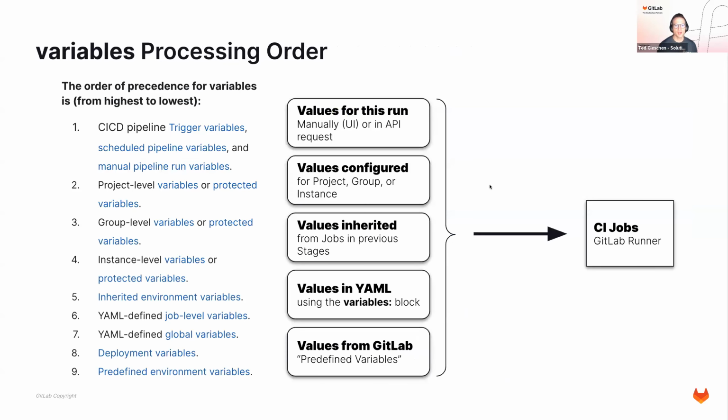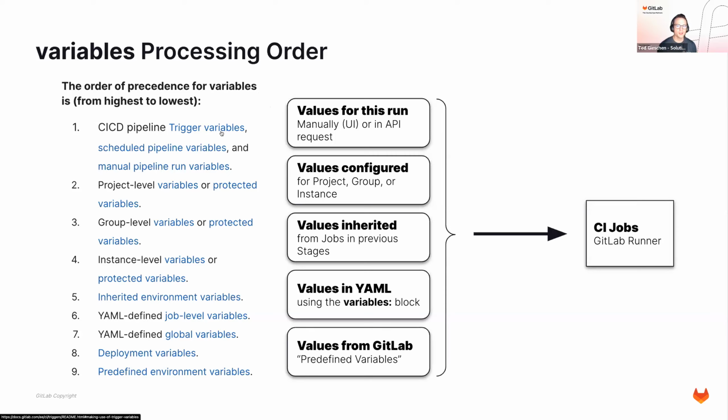Now, before we go on to the next hands-on section, just something to address in terms of the order in which variables are processed within GitLab. We've mentioned a couple of them, right? For example, the commit branch, the source. And again, it's really important to determine which variable is actually leveraged here. In terms of priority, we have the CI/CD pipeline trigger variables.